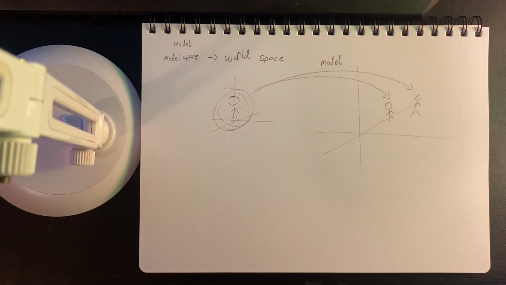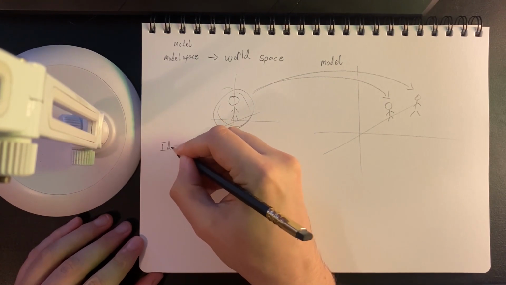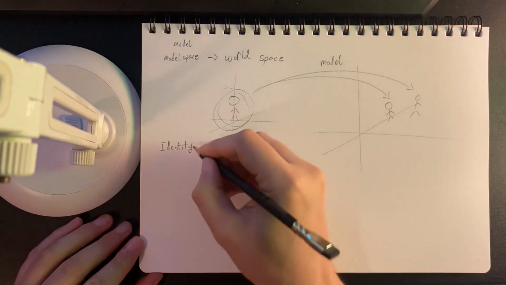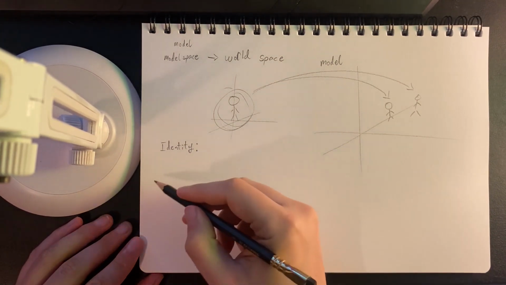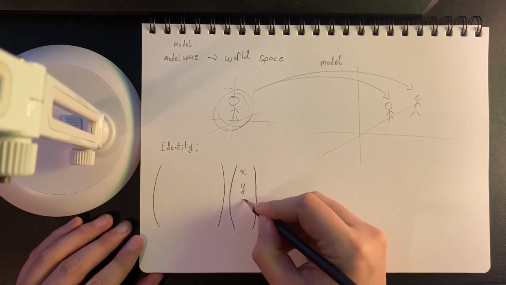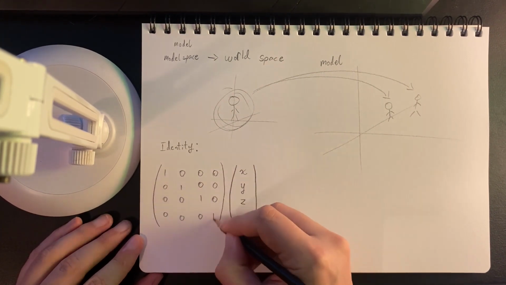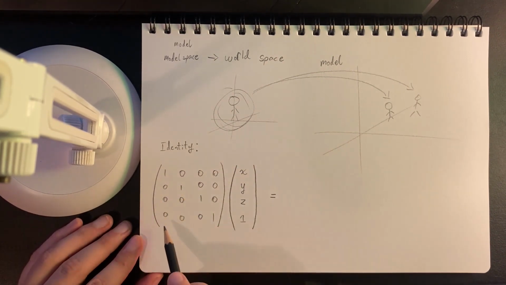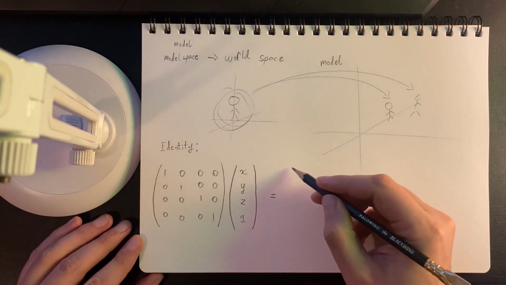Okay, so the simplest sort of transformation matrix is the identity. The identity has the property that when we apply it to a vector, it does absolutely nothing. So here I've got my identity matrix, and I'm going to hit this vector with the matrix transformation.